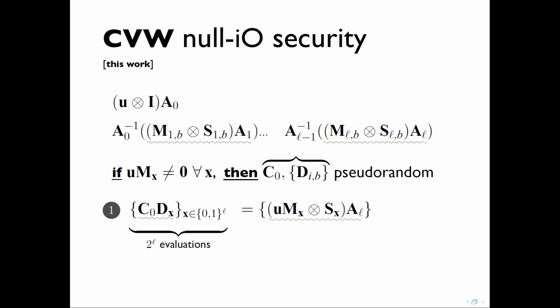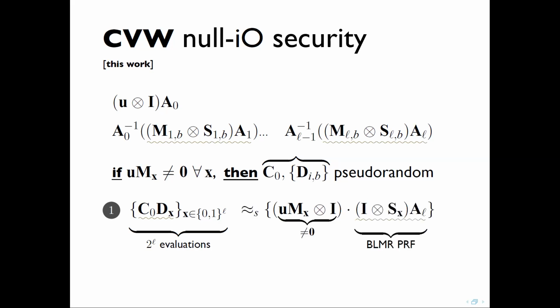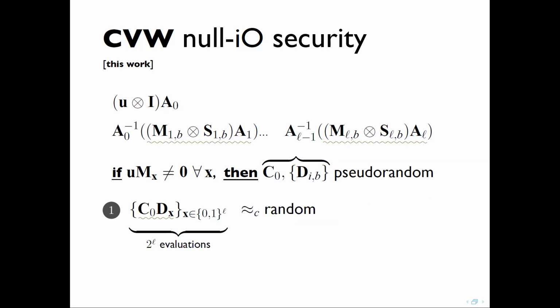What's nice is that it decomposes into the product of two matrices, where the first matrix is non-zero. In fact, it's a full rank matrix because we have a null program. The second matrix corresponds to the BLMR PRF, which means that it's pseudo-random. When you multiply a pseudo-random matrix with a full rank matrix, you get something pseudo-random. So this allows us to deduce that these 2 to the L evaluations are pseudo-random.